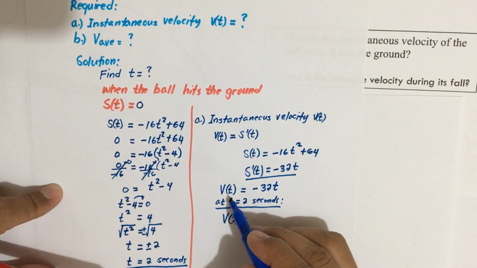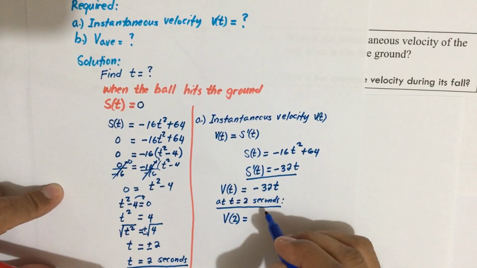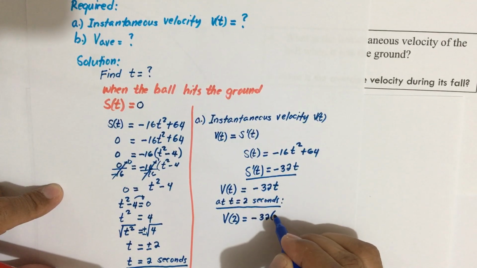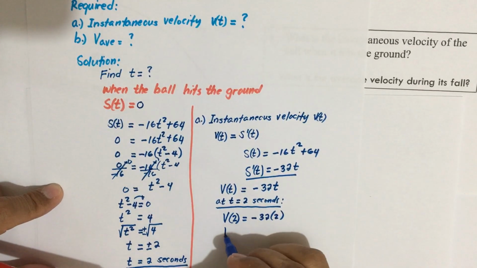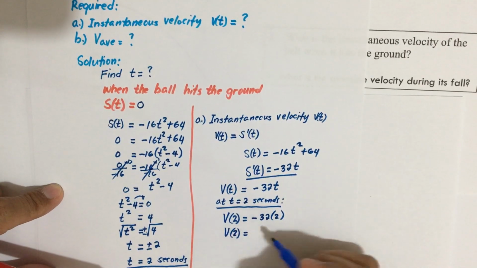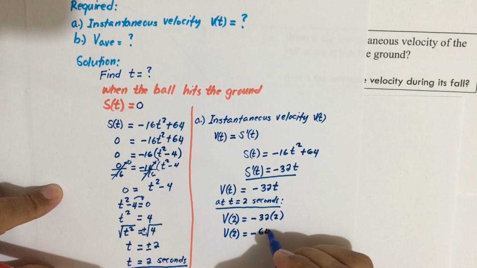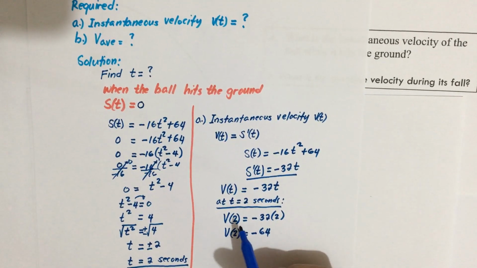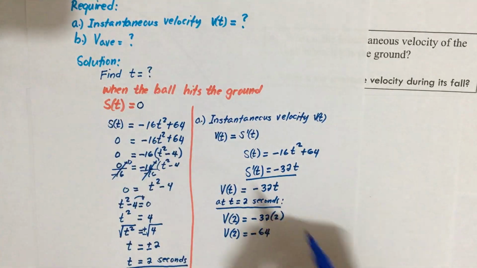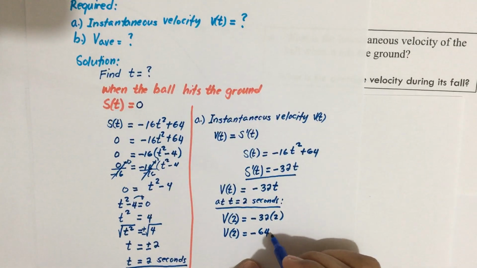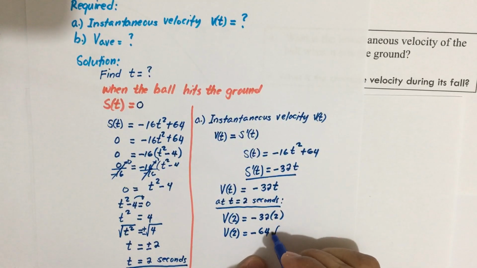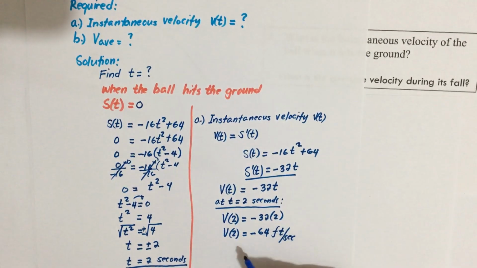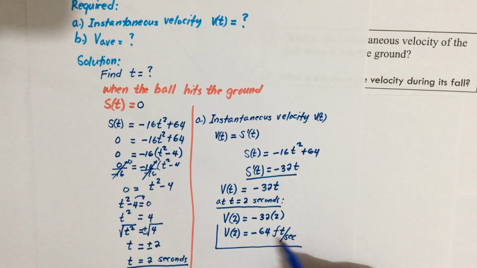This is the value of the velocity at t equal to 2 seconds, equal to minus 32 times t. t is 2. So v of 2 equal to minus 64. So what is the unit? We are talking of velocity, and the given is in terms of feet. So it means that this is 64 feet per second. Okay, so this is the instantaneous velocity.